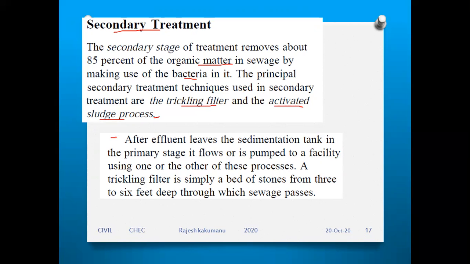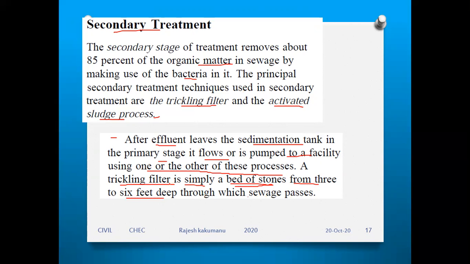The next one, effluent. What's the meaning of effluent? The treated wastewater. After effluent leaves the sedimentation tank in the primary stage, it flows or is pumped to the facility using one or the other of these processes. A trickling filter is simply a bed of stones from 3 to 6 feet deep through which the sewage passes.